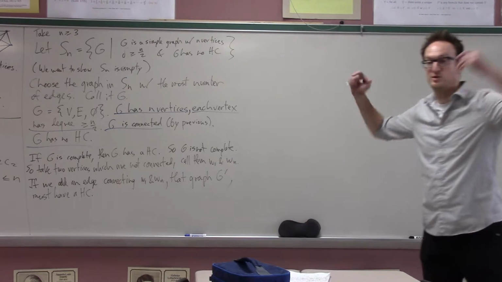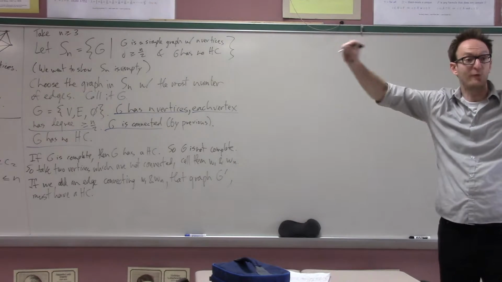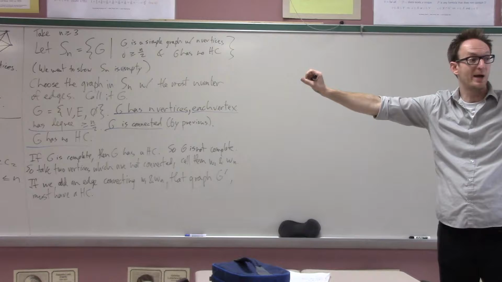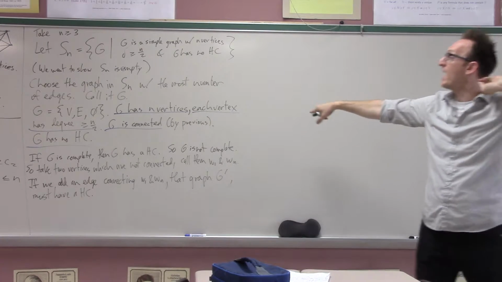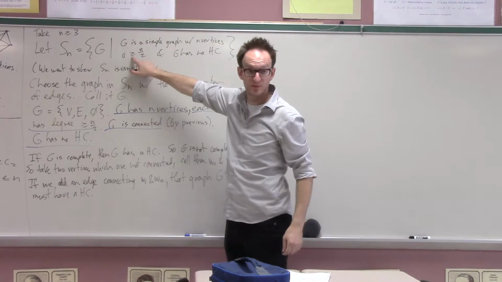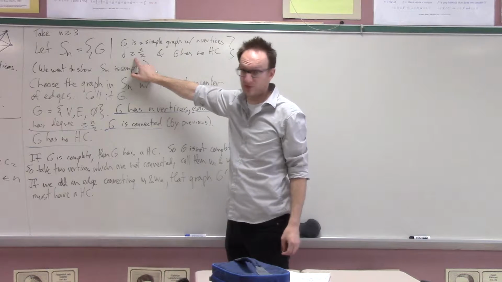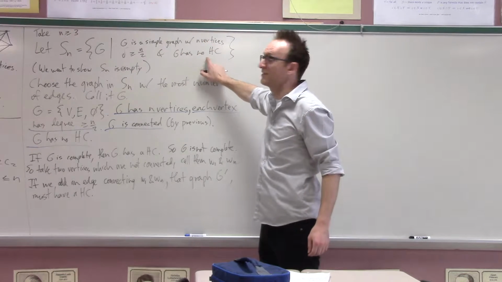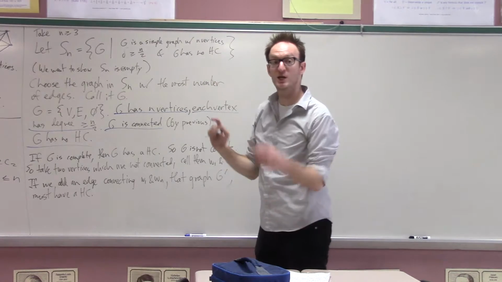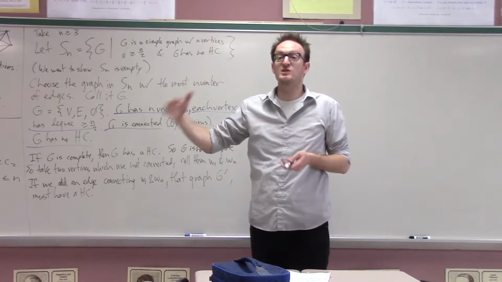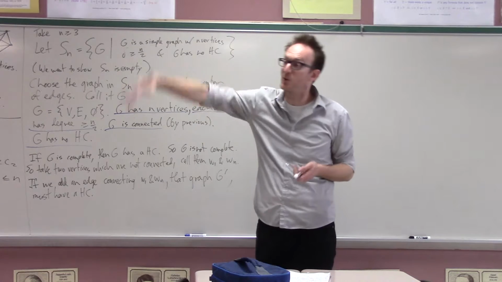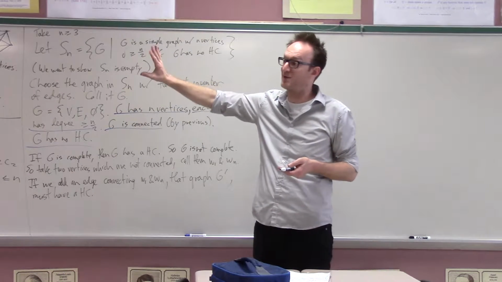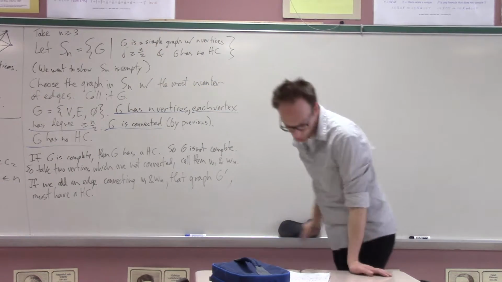Because G prime is exactly like G, just with this new friendship between W1 and Wn. It still meets the condition, because we're simply adding friendships, and yet it has more edges than G did. But G was the graph with the most possible number of edges and still no Hamiltonian cycle. So if I add one more edge, it'll have a Hamiltonian cycle. Everyone cool? Okay.